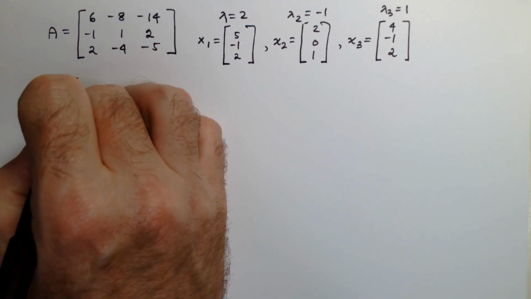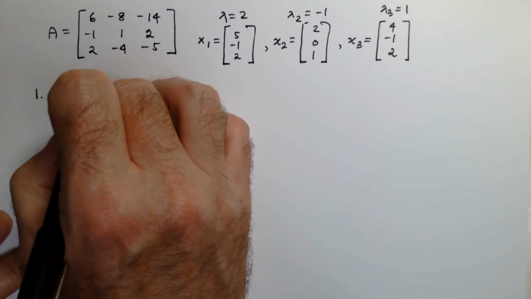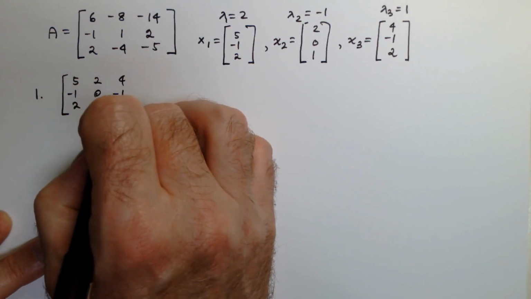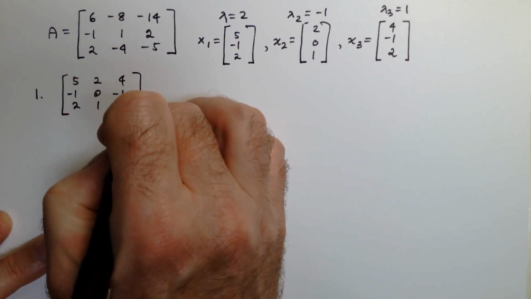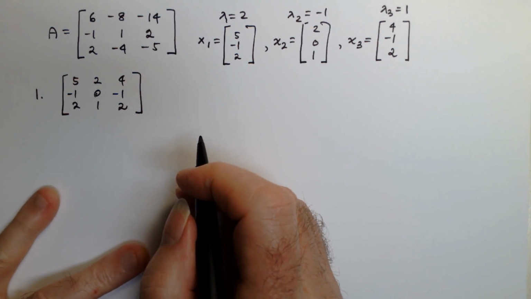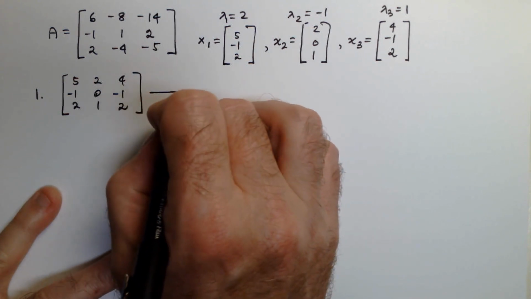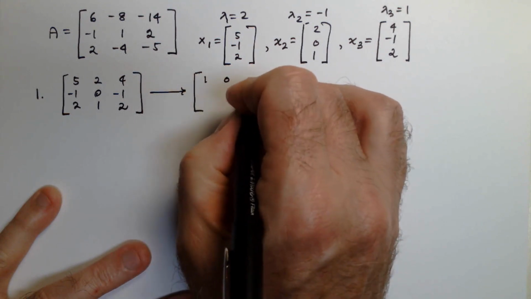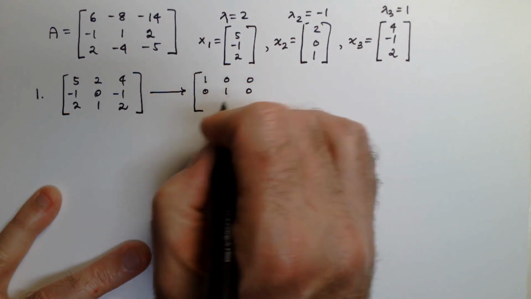So we'll have (5, -1, 2), (2, 0, 1), and (4, -1, 2). And then we're going to take this matrix down to its reduced row echelon form. In this case, I've done this work ahead of time. When we row reduce this matrix, it row reduces to the identity matrix.